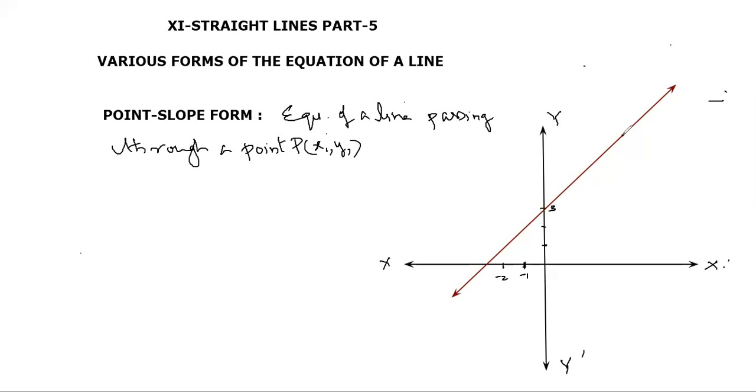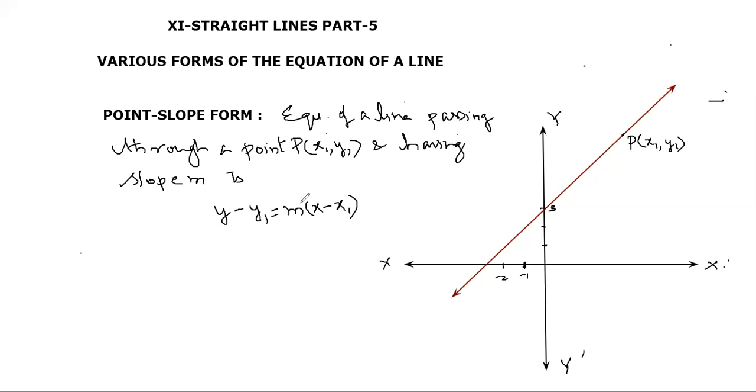In the question you will get one point P, from which the line is passing, and its slope m is also given. Then its equation will be y minus y1 equals m times x minus x1. Different forms you have to remember.